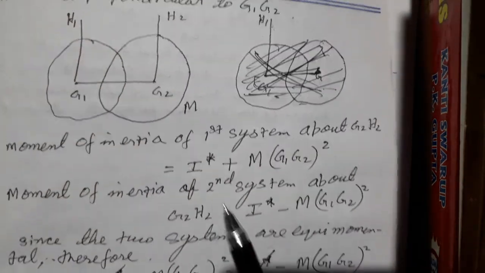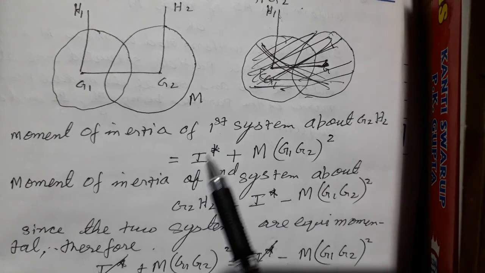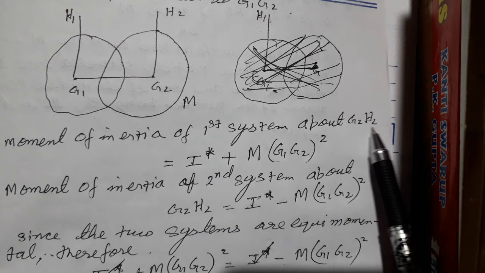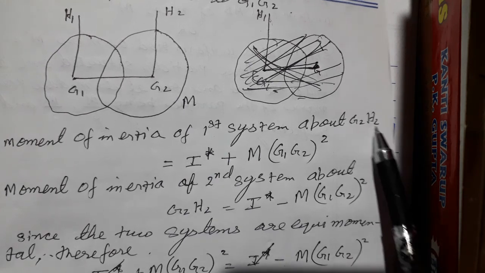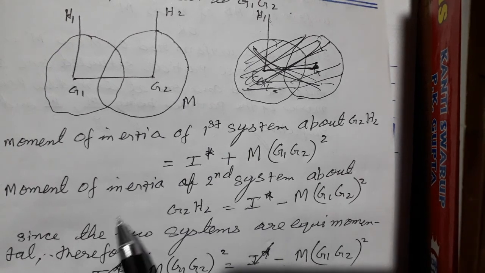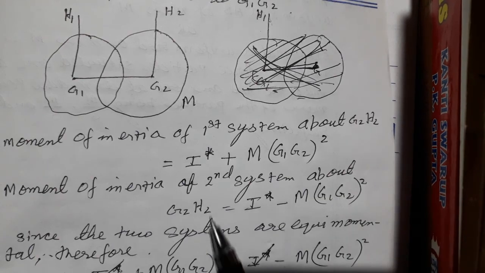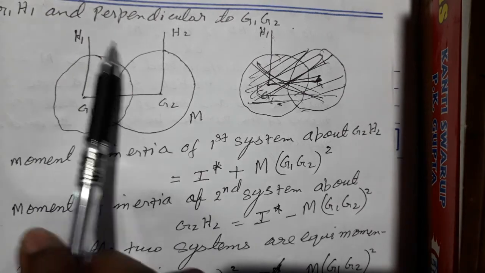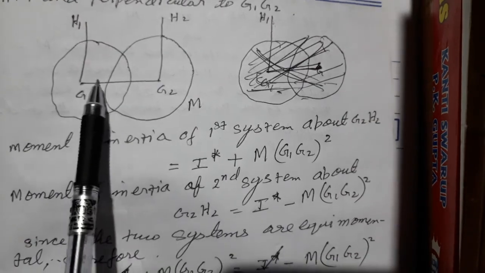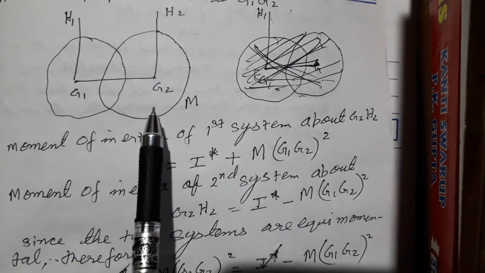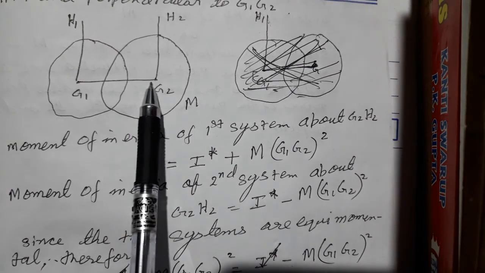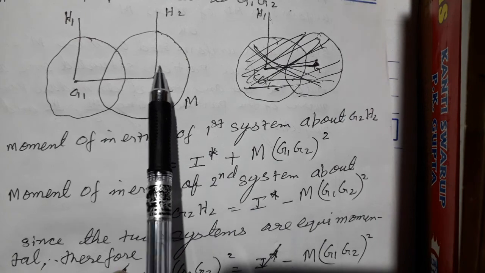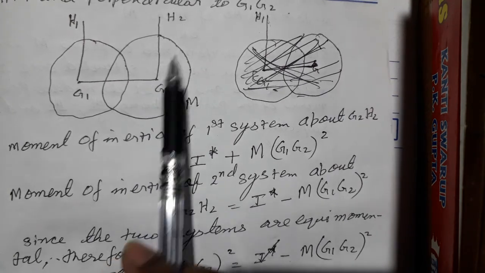So we'll try to find the moment of inertia of the first system about the line G2 H2. We know the moment of inertia about G1 H1 is I star, so we can use the parallel axis theorem. Suppose we denote the moment of inertia about this line as I1.